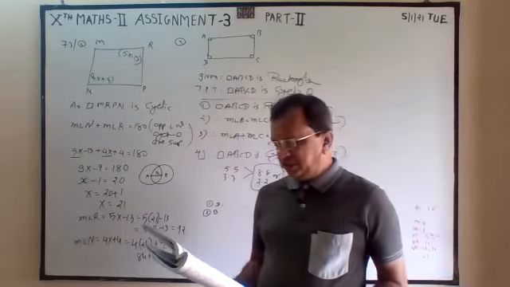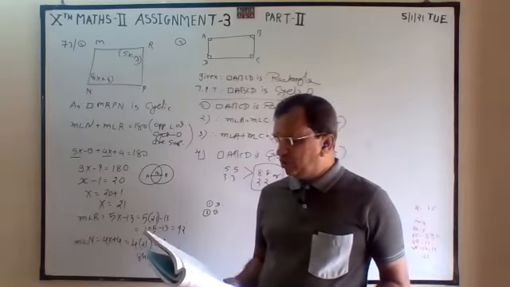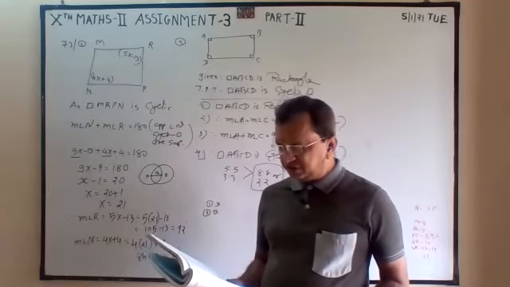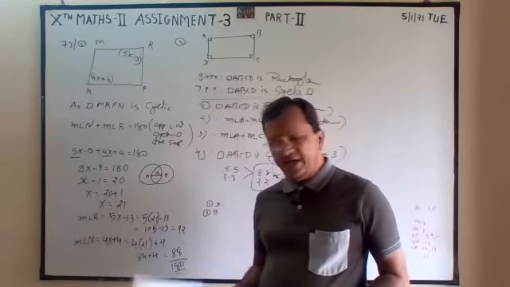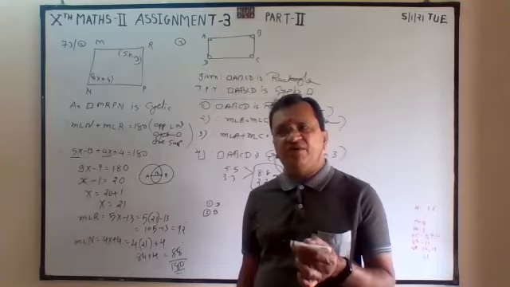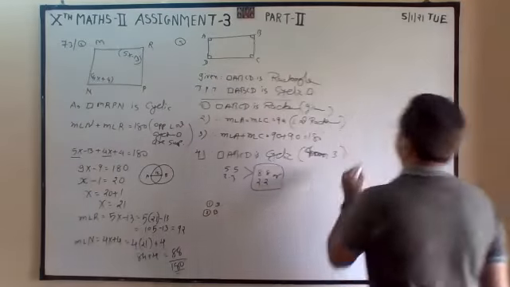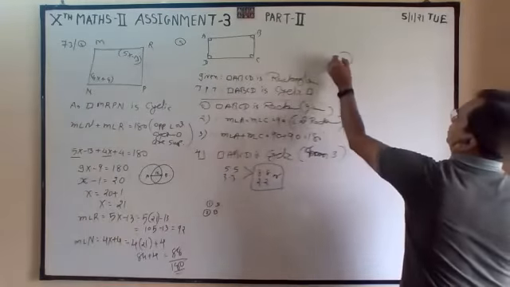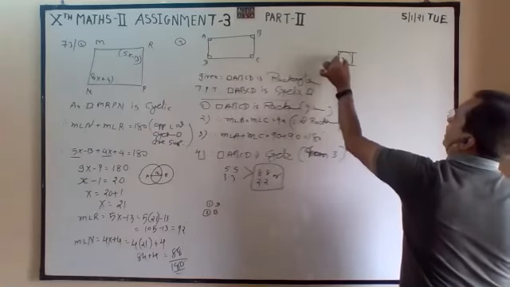Third, a circle touching all the sides of a parallelogram. So the parallelogram must be a rectangle, rhombus, square, or trapezium. They have given information that opposite sides are parallel. So it can be a square also, but the angle should be 90.